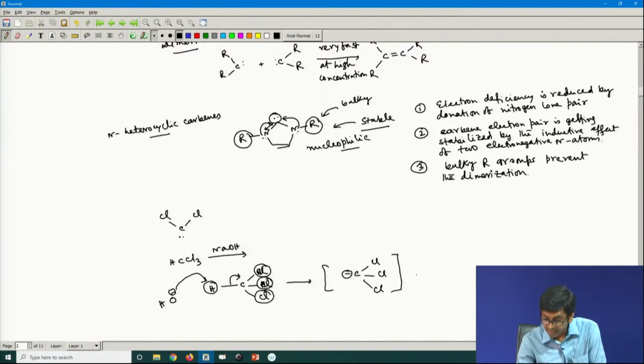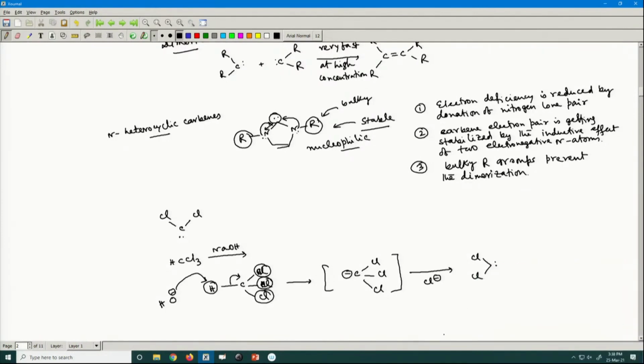Okay. Now, from this carbanion, the chloride removal gives you the neutral species. This neutral species generation is important, that is why this chloride is leaving over here, and the electrons from this carbon-chlorine bond leave with this chloride ion, and that is why this is giving the neutral species. This is important because getting a neutral species is important in particular reactions.